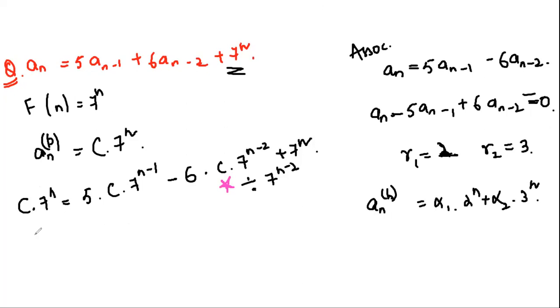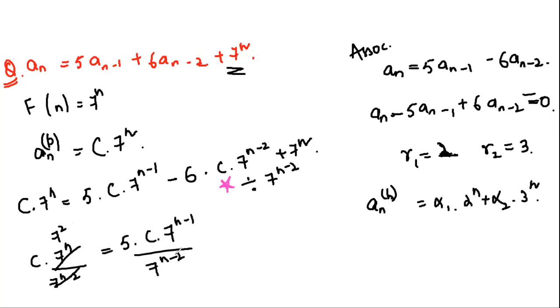Okay. So when we divide the entire equation by 7 power n minus 2, then we cancel, and we get over here 7 square, which is 49. 5 into c into 7 power n minus 1 by 7 power n minus 2, we are simply left with 7, so 35c.